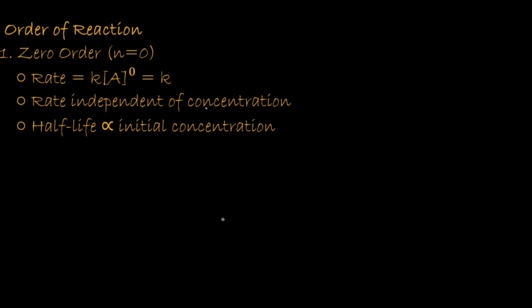The half-life is directly proportional to the initial concentration. Half-life is the time taken to reach 50% of the reactant concentration, right? So t half equals [A]0 divided by 2K for a zero order reaction.